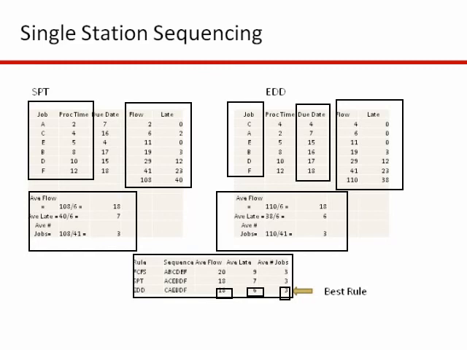It does the best job at minimizing those three metrics. That would be how you can select the sequencing rule that's going to optimize your efficiency. That's basically all there is to single station sequencing. Any questions on this example?